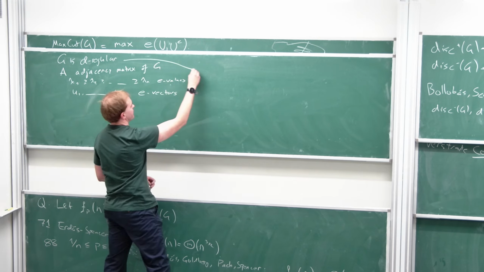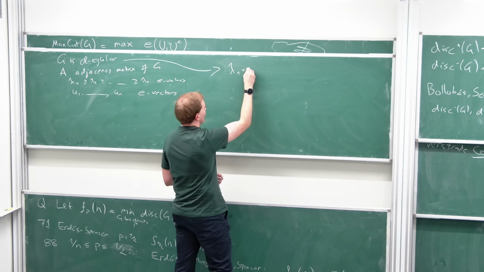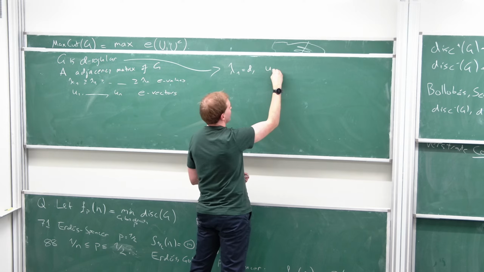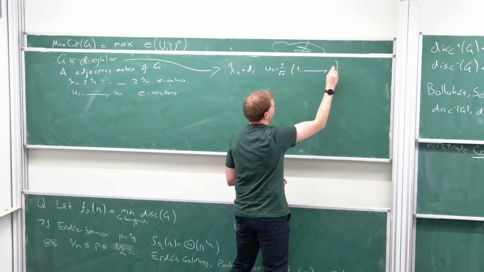Because it's d-regular, we know that the largest eigenvalue is d, and the corresponding eigenvector is the all-one vector.